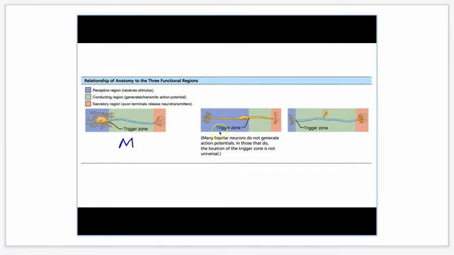Same thing with bipolar. There's going to be a region that receives the information, generates and conducts the action potential, conveys the action potential to the next cell, and so on. So bipolar, unipolar, and multipolar neurons, even though they look different, they have the same parts and they work the same way.